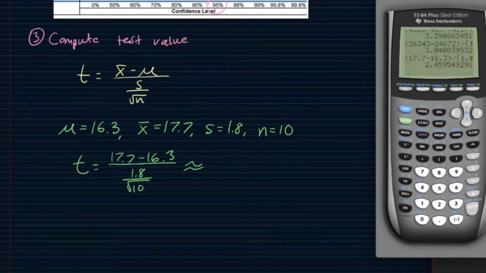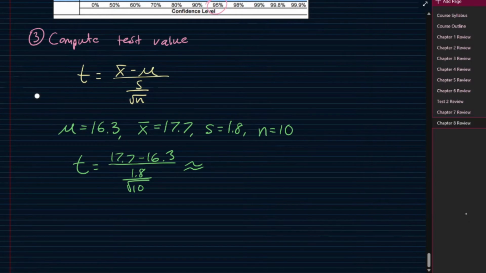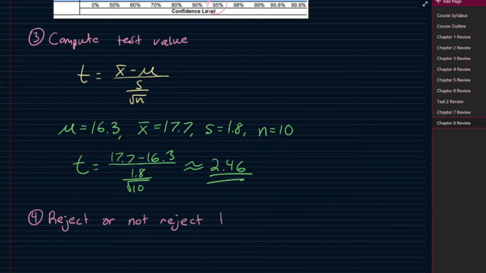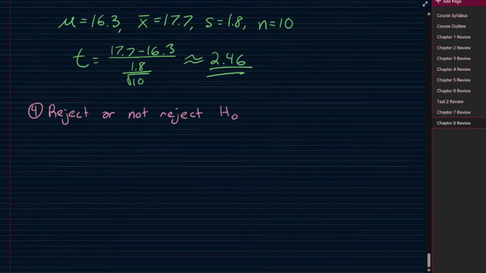And I get approximately 2.46. That's our test value. Step 4, we either reject or not reject h sub 0. Let me draw this picture.